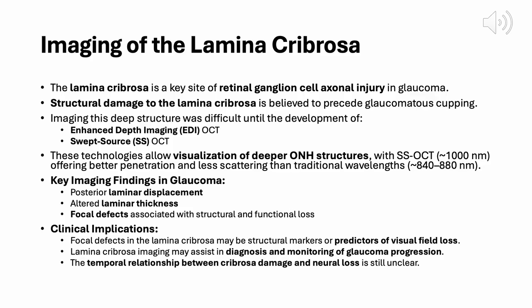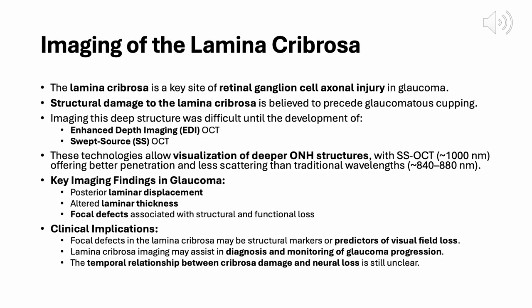In glaucoma patients, key imaging findings include posterior displacement of the lamina, changes in laminar thickness, and focal defects, which often correlate with areas of functional and structural loss. From a clinical standpoint, these focal laminar defects may serve as early structural markers or even predictors of visual field loss.